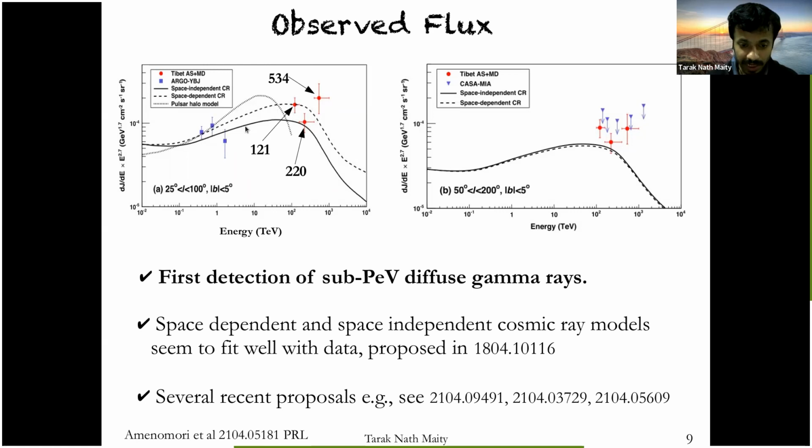And the black solid lines represent the gamma ray flux that has been predicted by different cosmic ray theoretical models. For instance, the black solid lines represent the gamma ray flux predicted by the space-independent cosmic ray model, and the dashed line represents the gamma ray flux predicted by the space-dependent cosmic ray model.